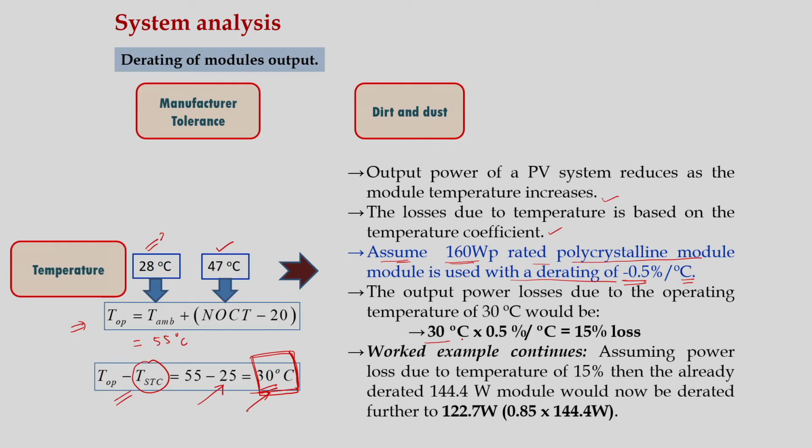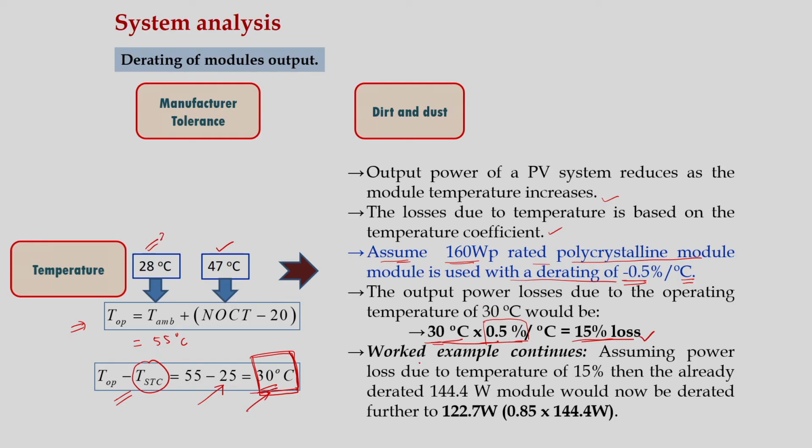So, how will the performance vary? As you understand, per degree increase in temperature there is a reduction in efficiency of something like 0.5%. If we multiply this 30 with this 0.5%, we have about 15% losses.